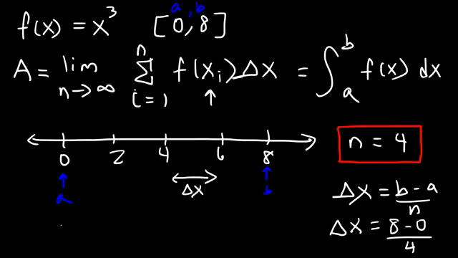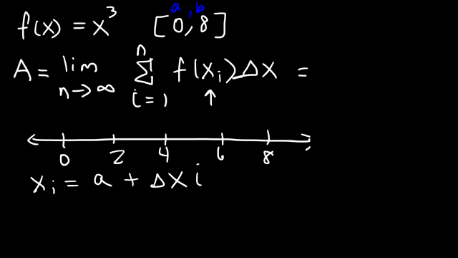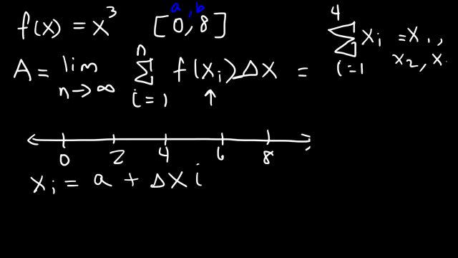So now let's use the formula. Well, first let me get rid of some stuff. So let's use this formula: x sub i is equal to a plus delta x times i. For this example, we said that n is 4, and so we're going to have x1, x2, x3, and x4, as you start from 1 and end at 4.